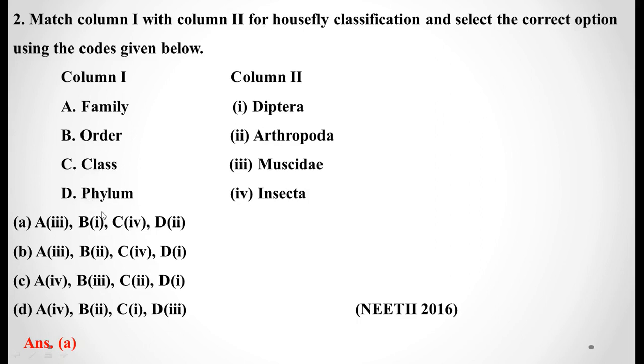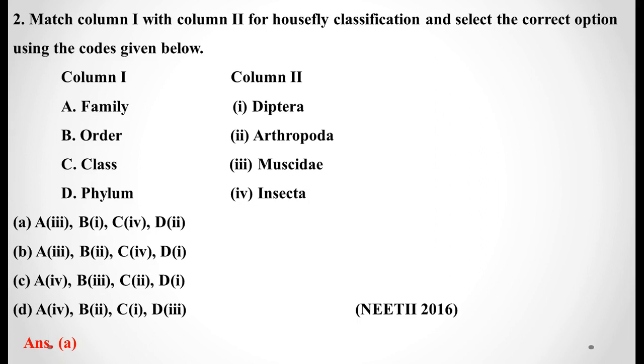And the phylum is Arthropoda, class Insecta, because it's common knowledge that the housefly is an insect. It has characteristic features of insects, like the body divided into head, thorax and abdomen.